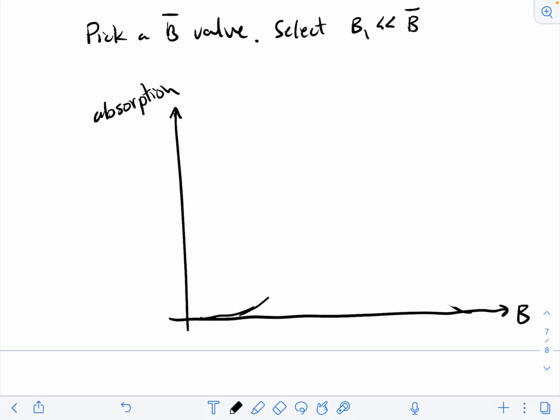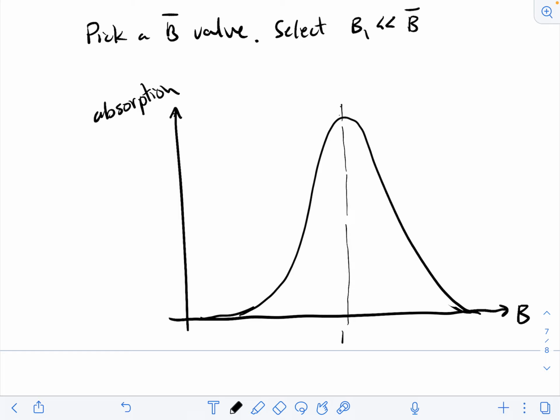Okay, so this time maybe we'll pick a value of B average that sits at the peak. And so this is going to be B average plus B1, and this is going to be B average minus B1. And so again, we'll allow the magnetic field to oscillate.